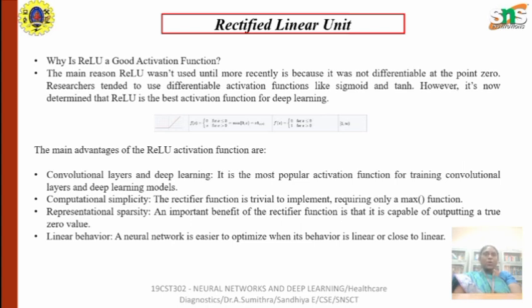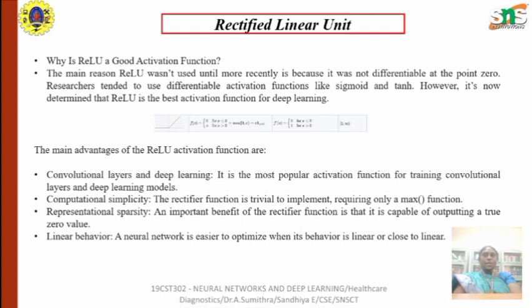We have sparse activation, where it introduces sparsity in the network by setting negative values to 0. This sparsity can help reduce overfitting by preventing co-adaptation of neurons and promoting the learning of more diverse features.